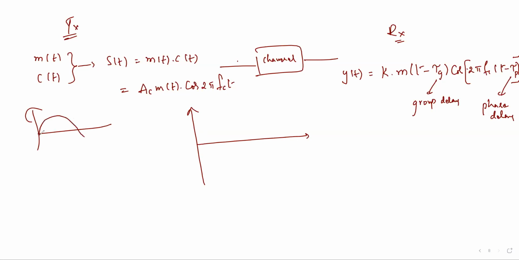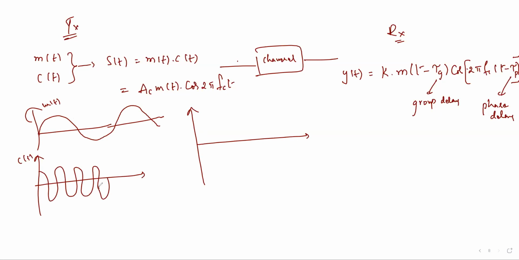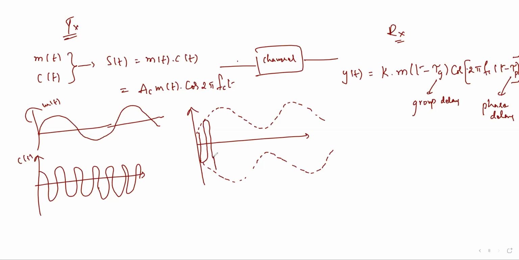If it is a low frequency message signal and a high frequency carrier signal, then the carrier signal will be taking the form of the message signal.